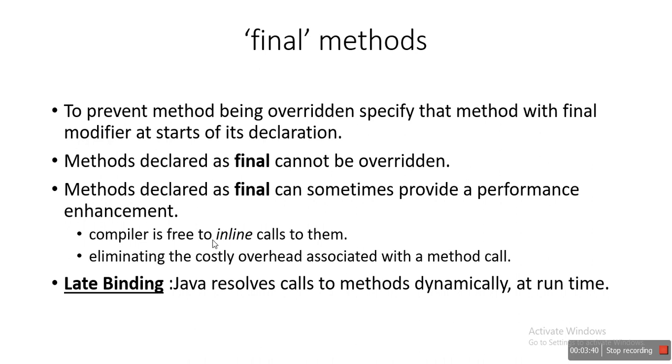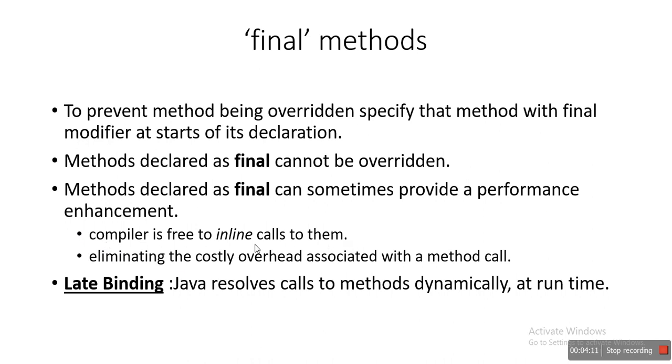Now, the compiler is free to inline calls to them, meaning once you declare a method as final, the compiler already knows this method is declared as final, so there is no issue like this method being overridden. No confusion for the compiler. So how does performance increase? The compiler is free to inline calls to them.